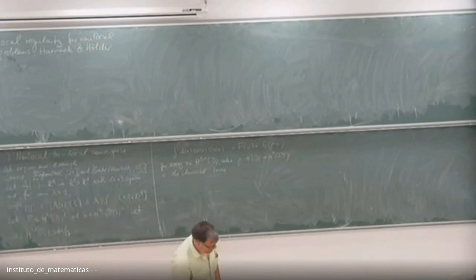Okay, so the one example, that's basically the one that I had scribbled down at the lower right corner. I want to tell you how you can approximate a solution to a local problem through solutions to non-local problems.